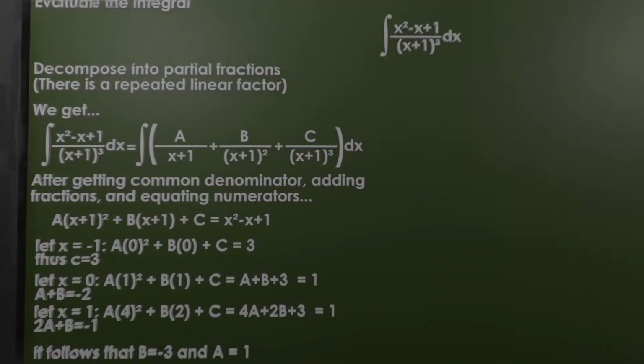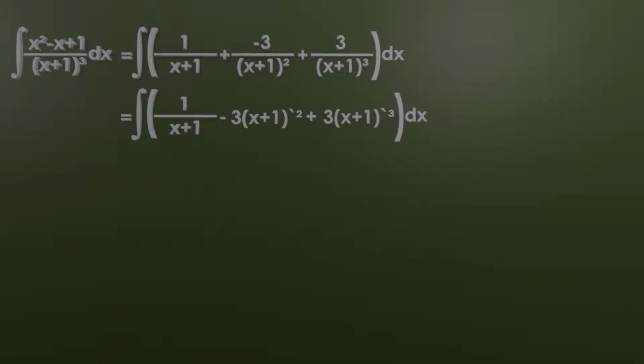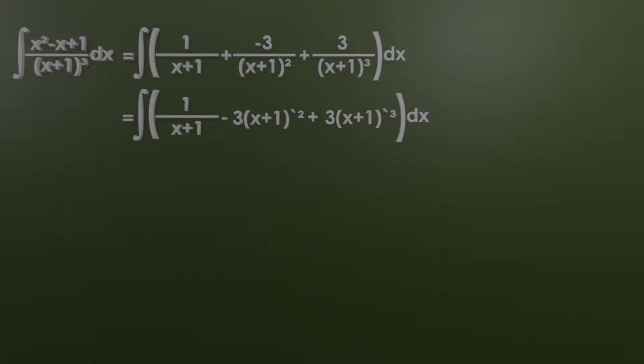Then we're going to integrate it by assigning the values of A, B, and C into the partial fractions. As we can see, the terms of the partial fraction can now be integrated using the integration of logarithms and the general power formula.